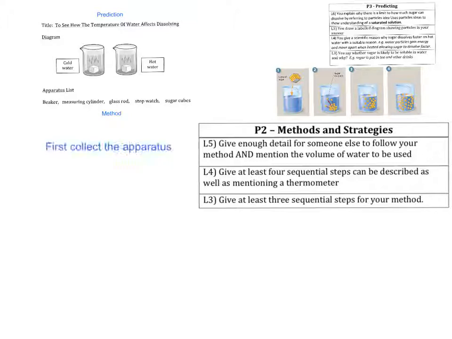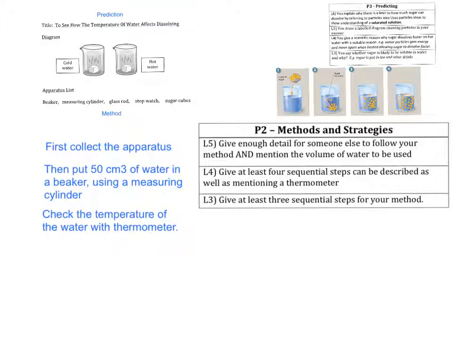The idea is that as your method gets better, anybody else will be able to follow exactly what you did. So your method would read something like: first collect the apparatus, then put 50 centimeter cubes of water in a beaker using a measuring cylinder. Check the temperature of the water with a thermometer. Start off with cold water.